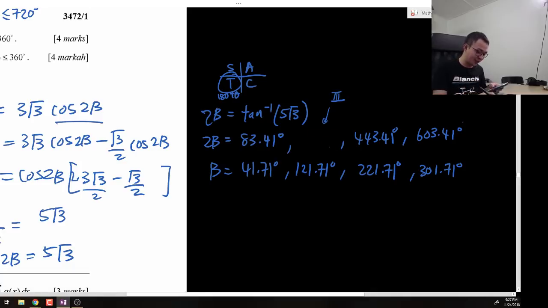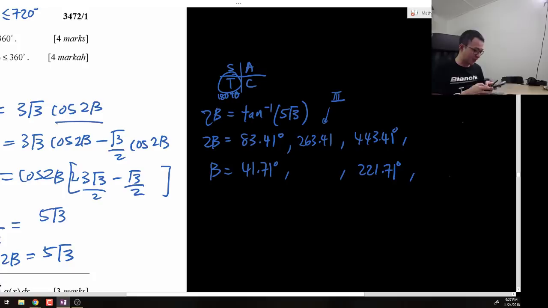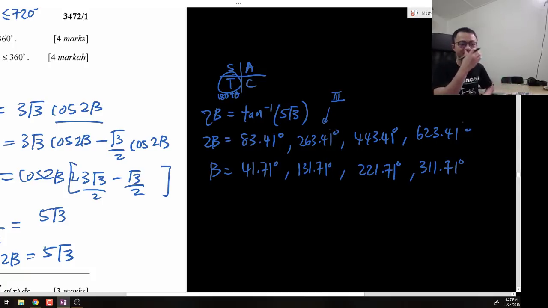This one should be 263.41. Then this angle is wrong, then this one is wrong also. Plus 360, then this one should be 623.41 divided by 2, 311.71. Then 263.41 divided by 2, 131.71. Alright, thanks for the correction.